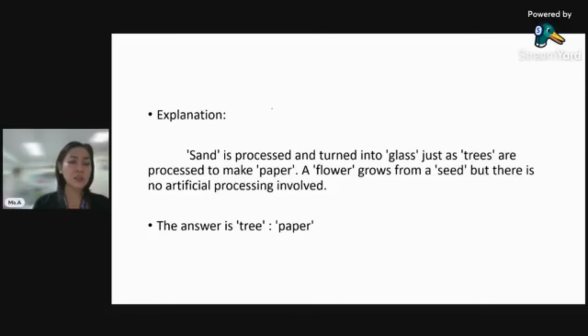So sand is processed and turned into a glass just as the trees that we have, we need to process it to produce a paper. So, ito nga, kagaya po nung sinabi ko na, yes, due to the process, no? Artificial process. The flowers are being grown, of course, from a seed, pero wala pong artificial process na involved.